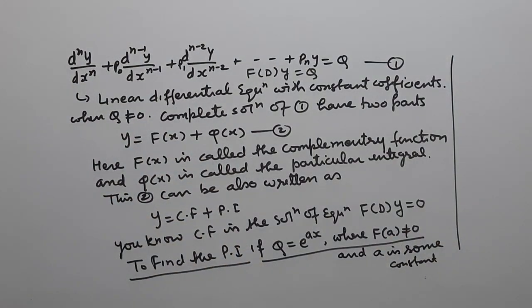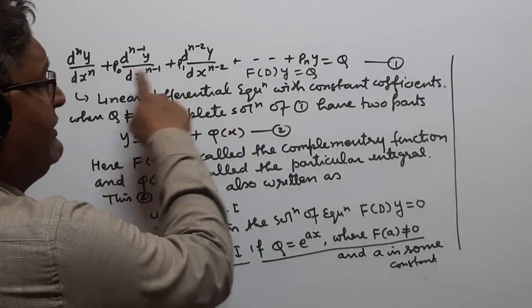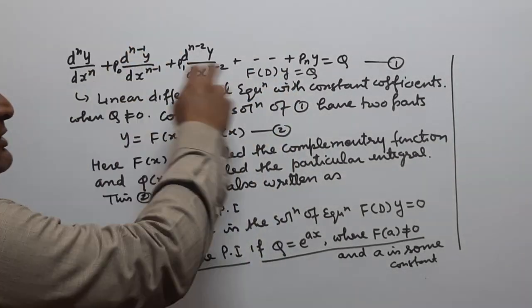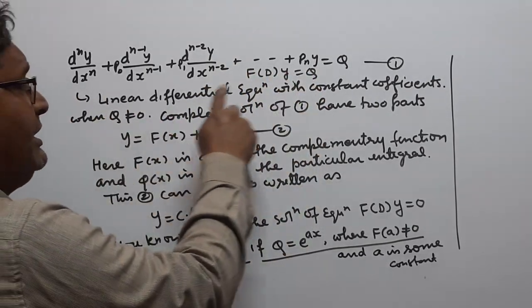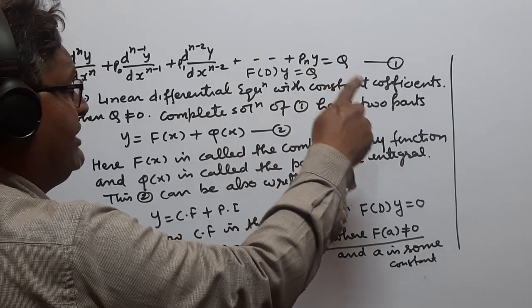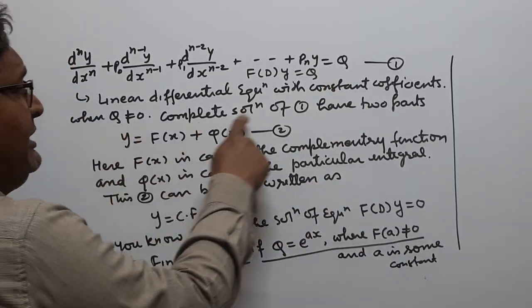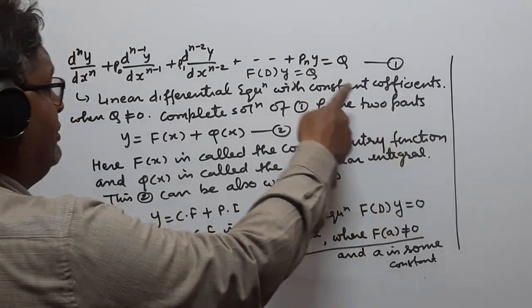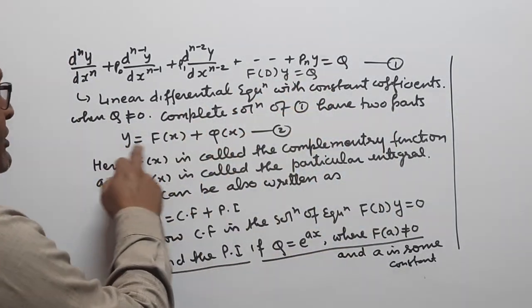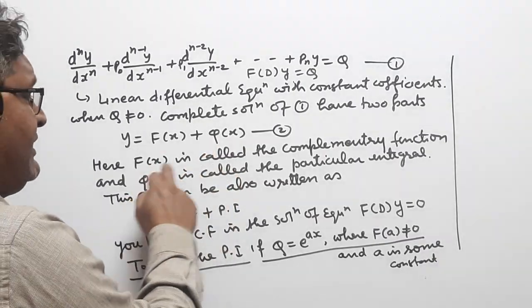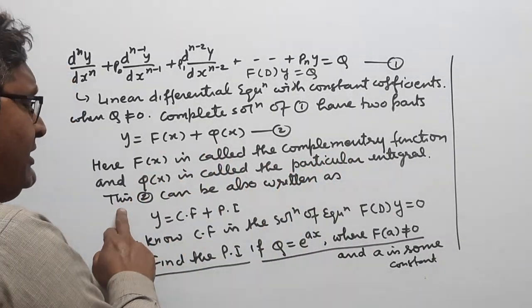Now we see here this is an nth order linear differential equation with constant coefficients. This can also be written as f(D)y = q. When q is not equal to 0, the complete solution of (1) has two parts, y = f(x) + phi(x). f(x) is called the complementary function and phi(x) is called the particular integral.